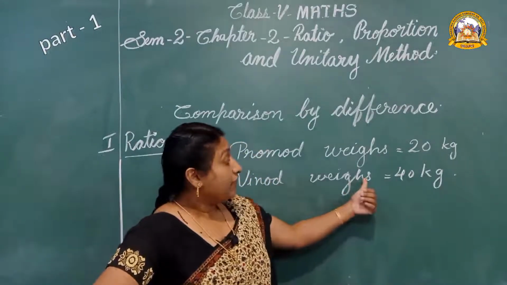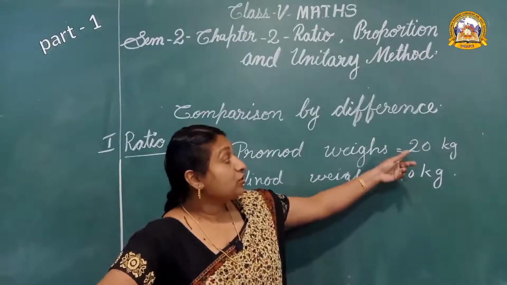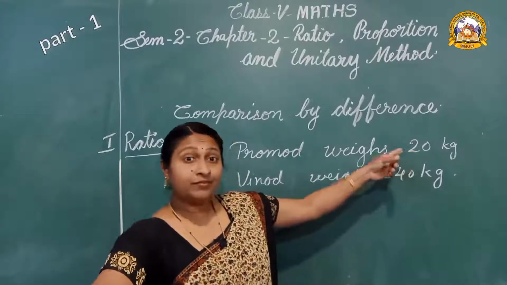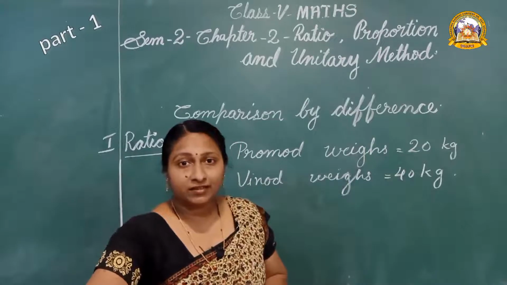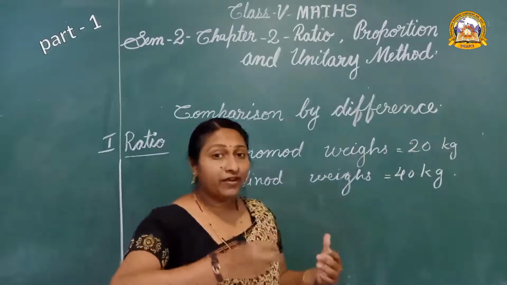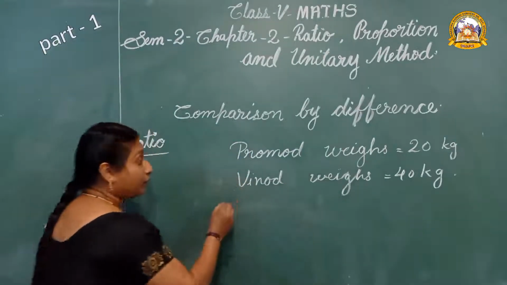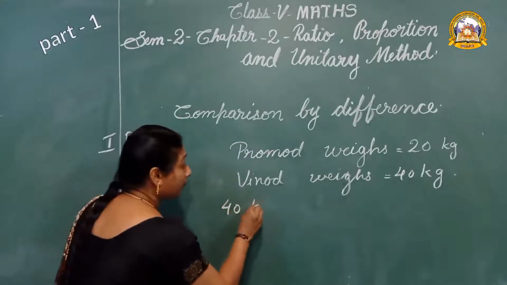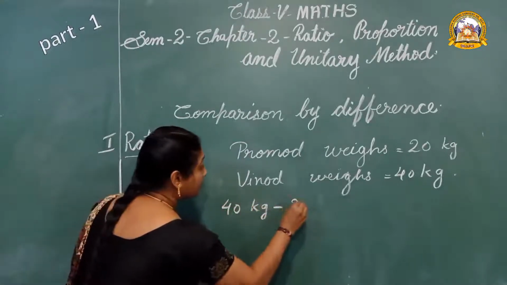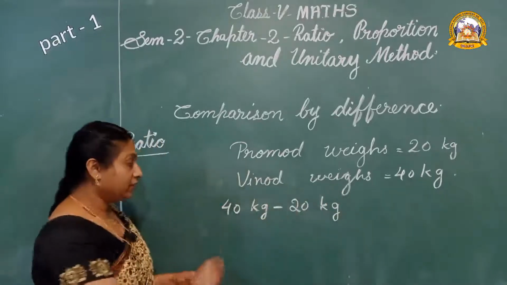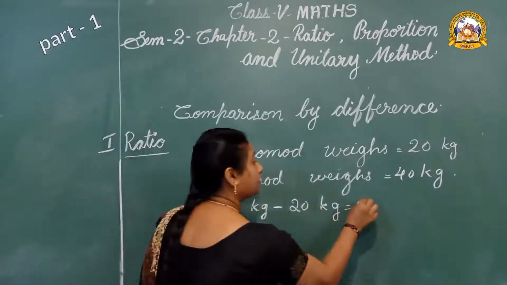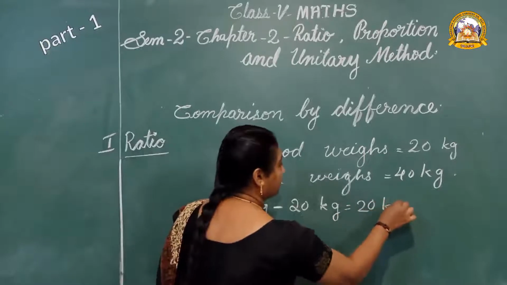Vinod's weight is 20 kilogram more than Pramod's weight, isn't it? How can we find that? 40 kilogram minus 20 kilogram. Answer is 20 kilogram.